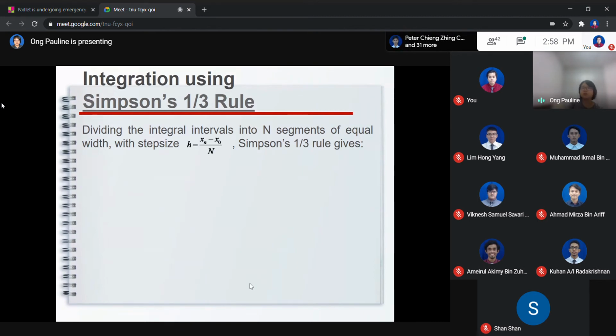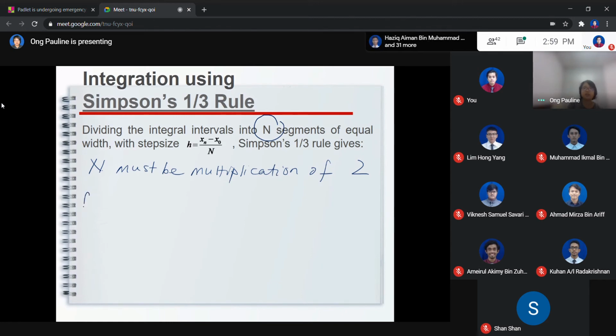You will divide the integration into n segments of equal width, where the width is given by h equals xn minus x0 divided by n, and n must be a multiple of 2, meaning that it can be 4, 6, 8, 10, and so on.